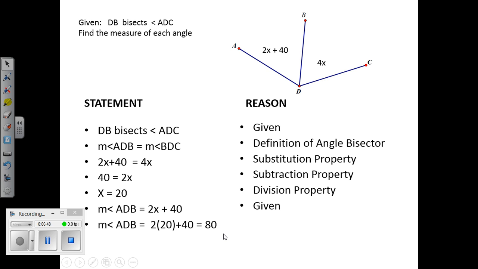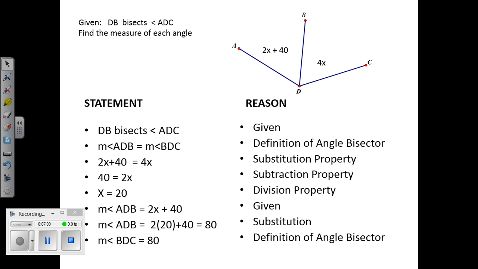What did you do? You substituted your value of x back in there, substitution property. What comes next? They've said find each angle, so we have to find the other angle. How do we know BDC is 80 as well? It's because of the definition of an angle bisector, two equal angles.